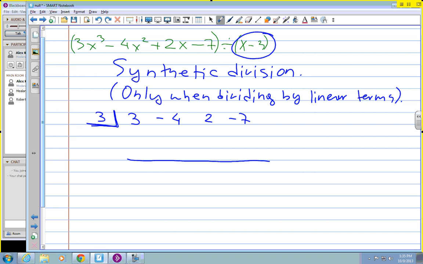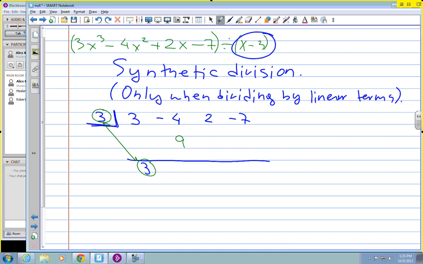First, we're just going to drop that initial coefficient, so 3 just falls through. We put that 3 over there, and then we multiply these two numbers. What do we get? 9, we place 9 over there. Then instead of subtracting, you're going to be adding. This is the whole idea of switching the sign at the beginning.